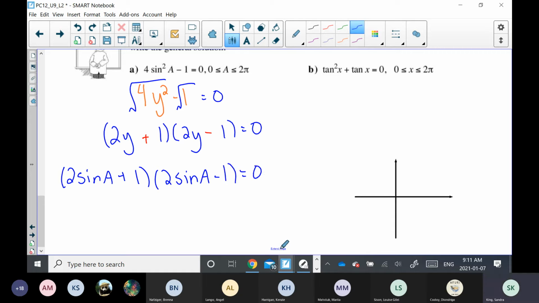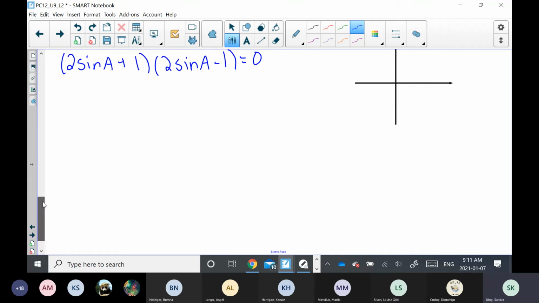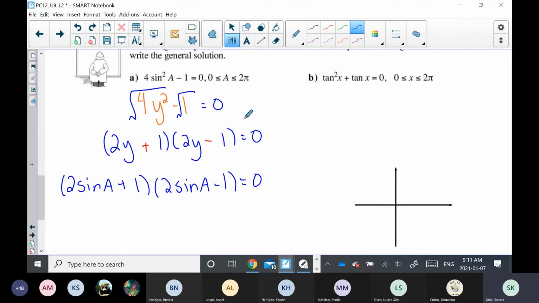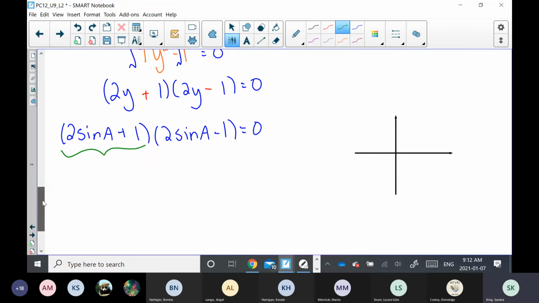Okay, what we need to do is remember when we're solving, always carry down that 0. Now you can set each factor equal to 0 and solve. So if you want, you could write 2 sine of a plus 1 equals 0, 2 sine of a minus 1 equals 0, and then solve it. Or hopefully a lot of you can just do this in your head.